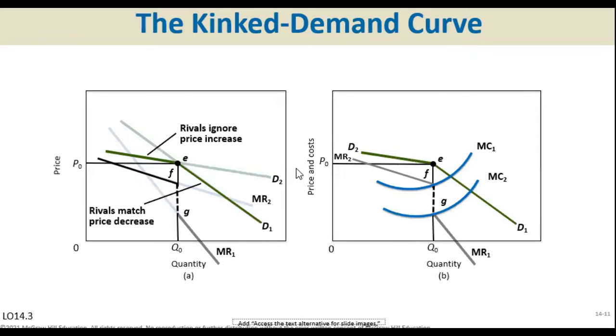So if we look at the kinky demand curve here, stay with graph A. The graph shows the slope of the non-collusive oligopoly demand curve. You have the demands D1 and D2, and also the corresponding marginal revenues, MR1 and MR2.